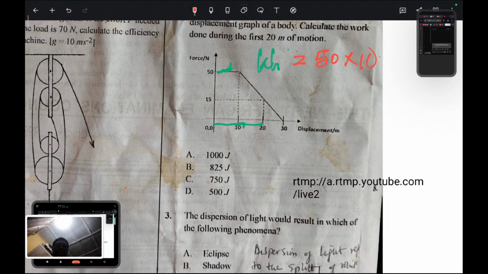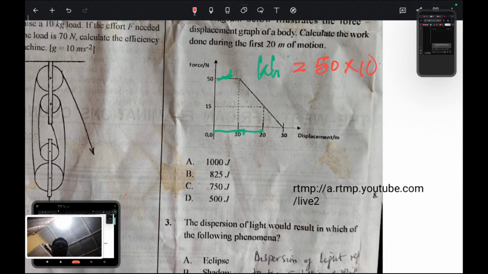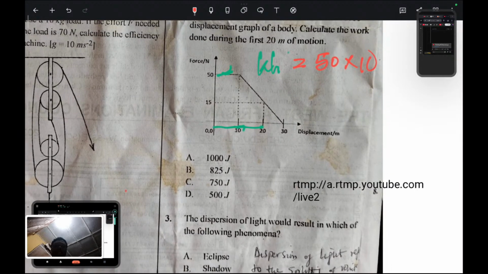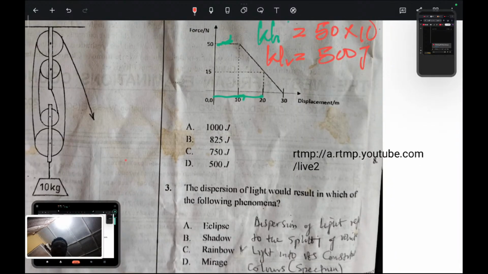You can just say base times height, maybe if I use that term, you might easily understand. So we have base times height here, which gives us 50 multiplied by 10. So our W1 will now equal 500 joules. Is that clear? That is from 0 to 10.